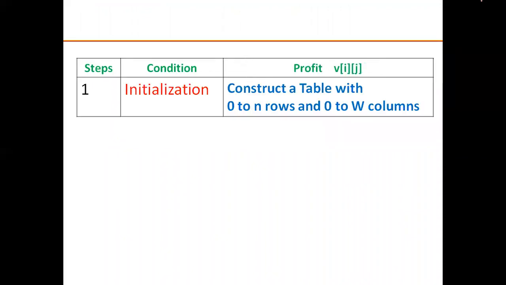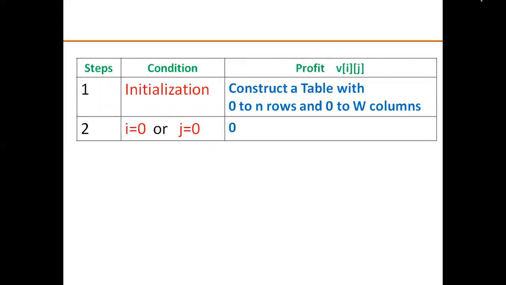Now we'll see the conditions, how to solve this problem. In the first stage, we need to construct a table with n rows and w columns. That is, there are n objects, 4 objects, 0 to 4, that is 5 rows, and 0 to w, capacity is 5, 0 to 5, that is 6 columns.